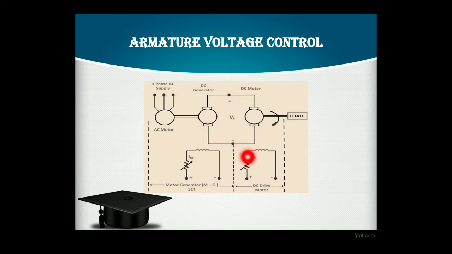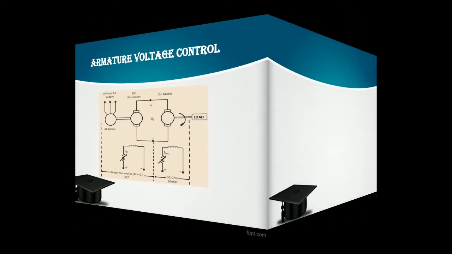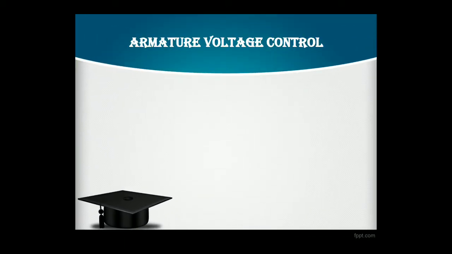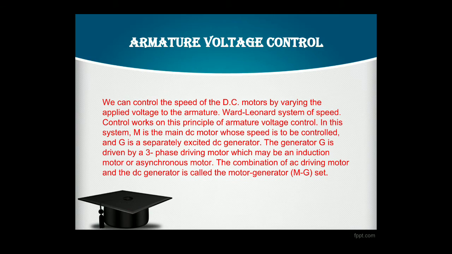So we have to reduce the field current of the DC motor, and if we reduce the field current, then the speed increases, because speed is inversely proportional to the field current or field flux. By this method, a wide range of speed control is possible. This is known as the WARD-LEONARD method. The statement of the WARD-LEONARD method is that we can control the speed of the DC motor by varying the voltage applied to the armature.